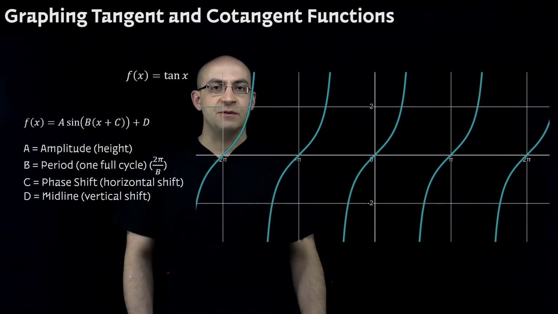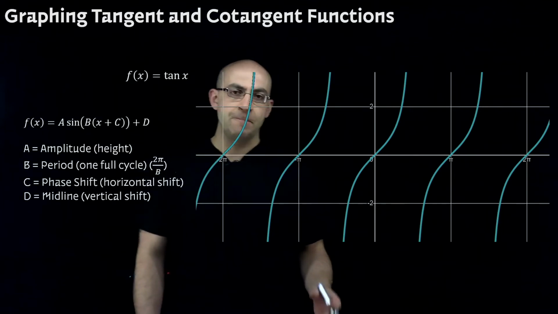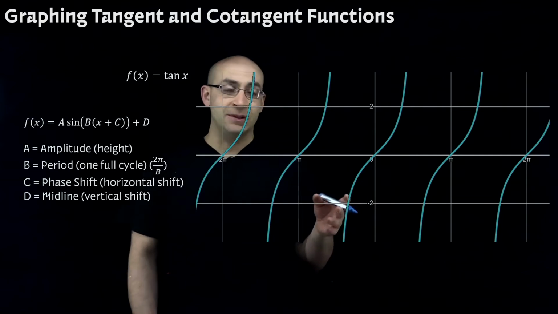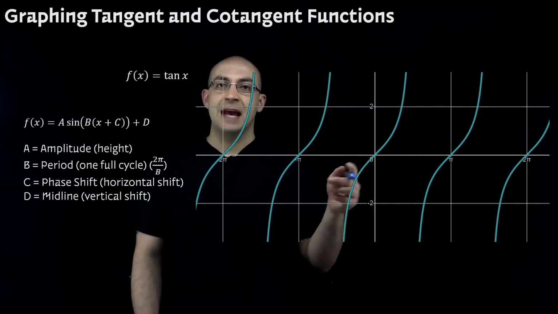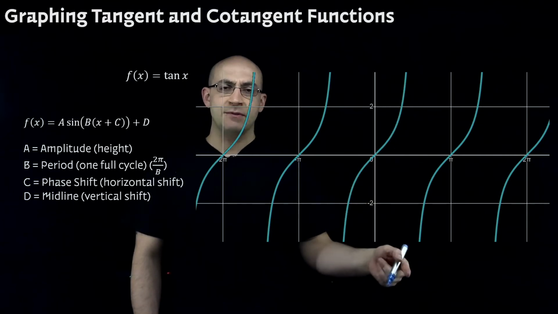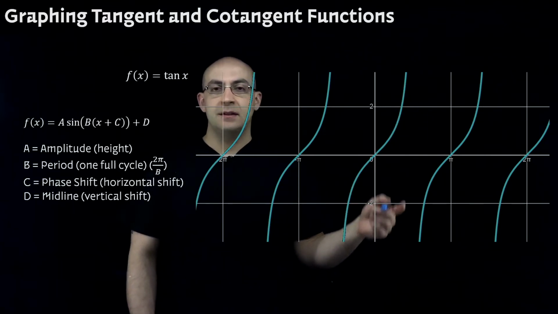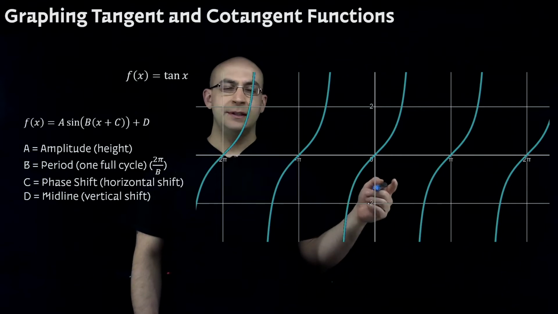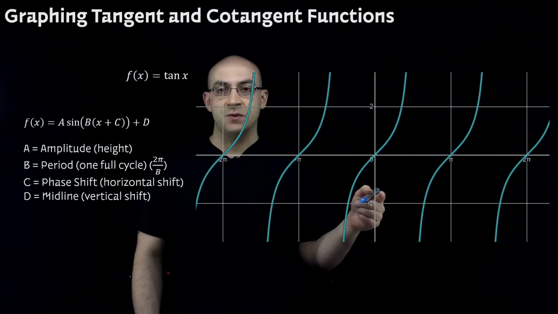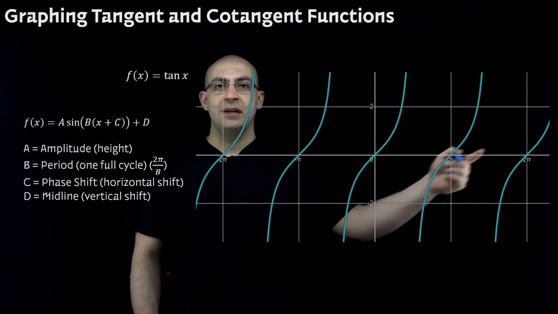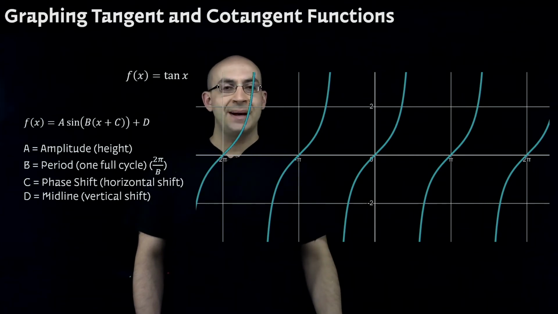If we think about the unit circle, there are two places where tangent is going to be undefined. That's at pi over 2 and at 3 pi over 2. So the 90 degree and 270 degree marks are where there is no value for tangent, which means that it's going to repeat every period of pi.